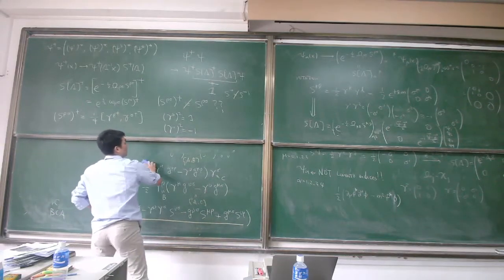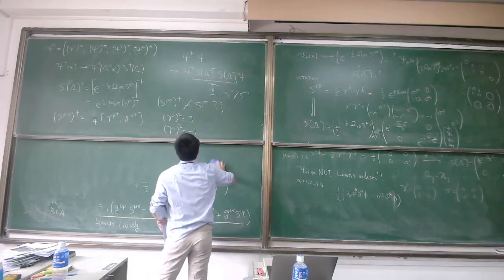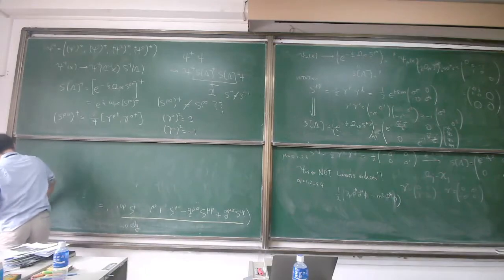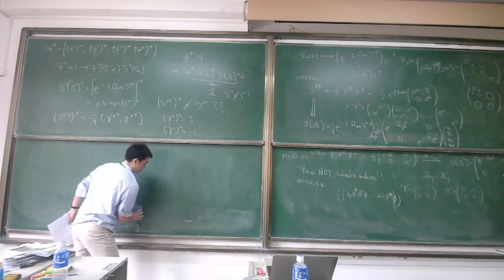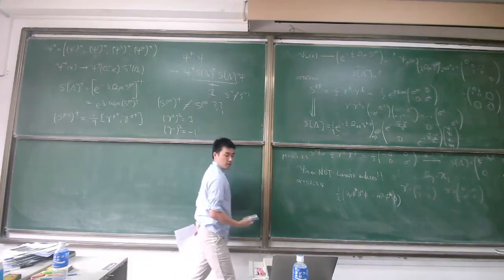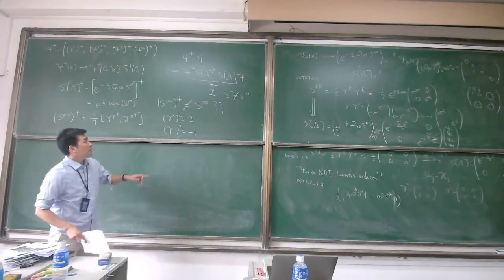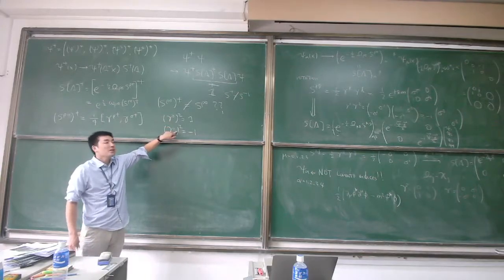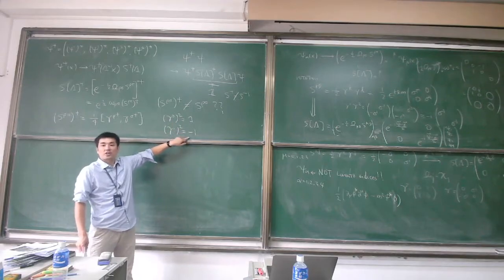So again, a subtle difference appears when you take a combination of gamma 0 and a spatial component. Because this is a real eigenvalue, and this is a purely imaginary eigenvalue.